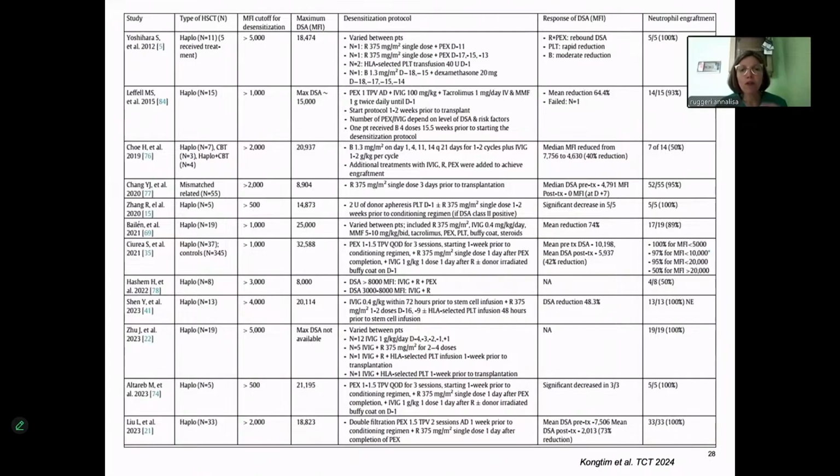And of course, it is important to consider that the protocol could vary across the centers, but it is very important to have your own protocol to start promptly before the starting of the conditioning regimen, in order to be also able to evaluate again the level of DSA before proceeding with the transplant.